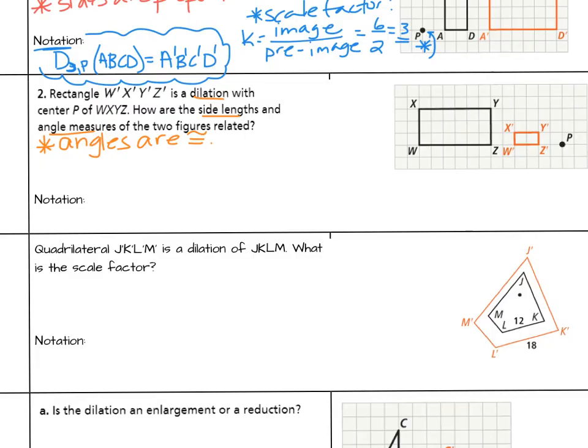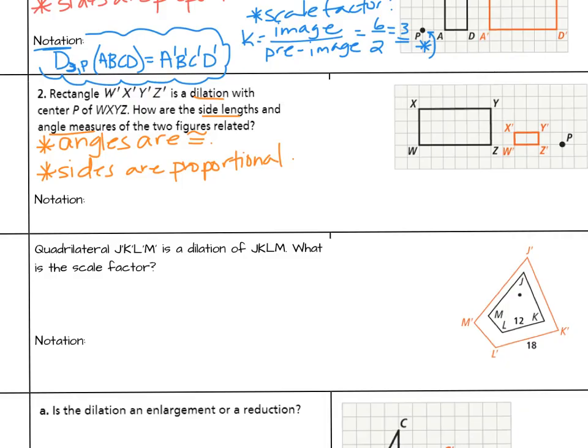So like angle Y is congruent to angle Y prime, X and X prime, and so on. And sides are proportional. Okay, just like the example up above.